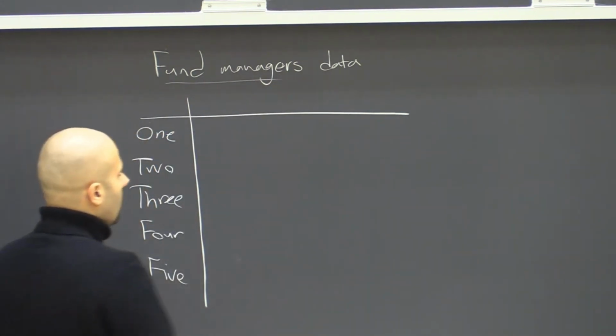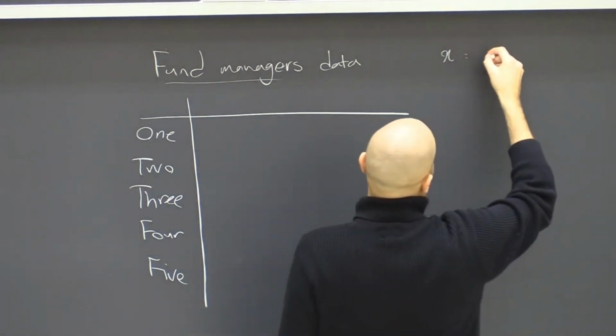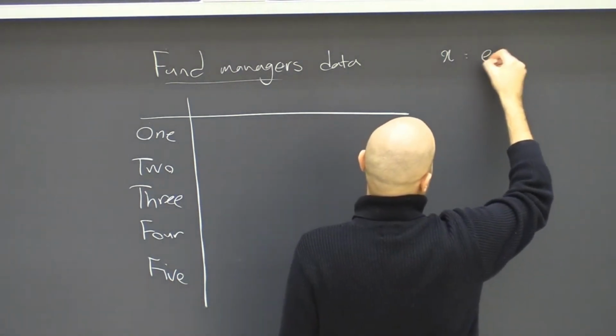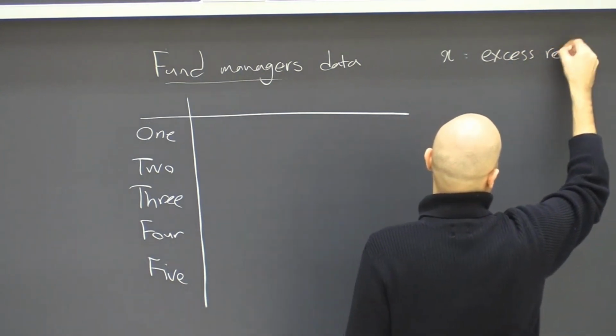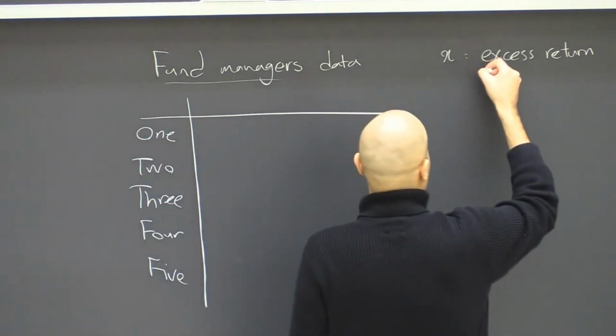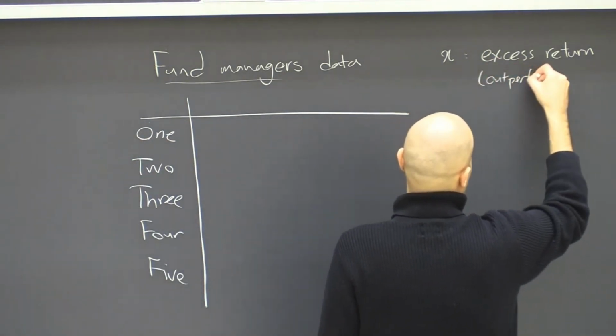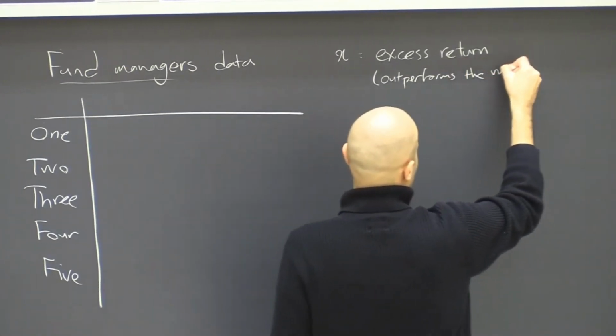So in this data, there is some x. The variable of interest is excess return, which measures essentially how much the fund outperforms the market as a whole.